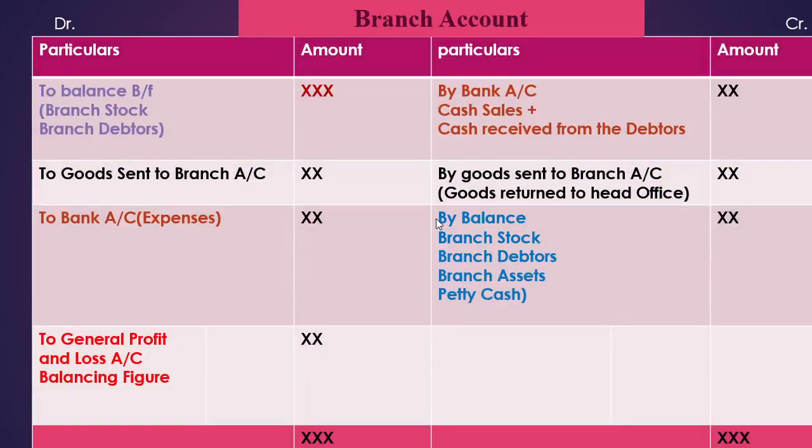So let me start with the branch account. I hope you remember the specimen of the branch account. The branch account is a personal account: debit the receiver, credit the giver. So all the debit entries are received by the branch and all the credit entries are paid by the branch.